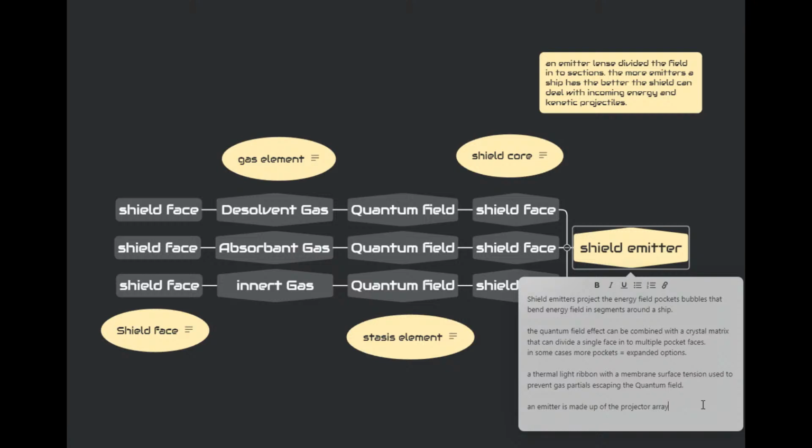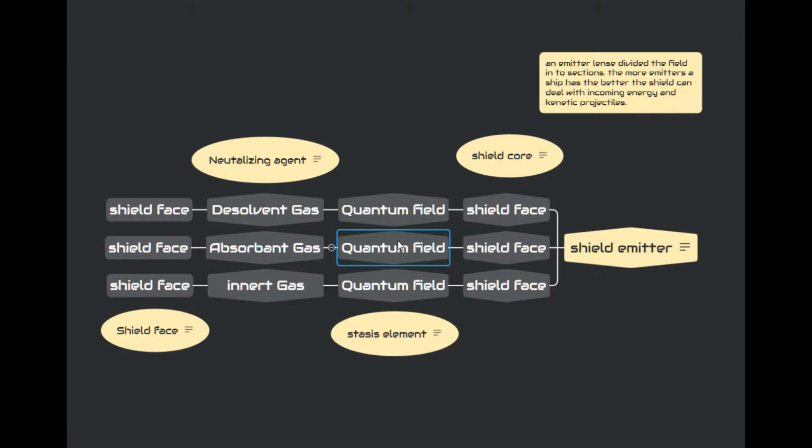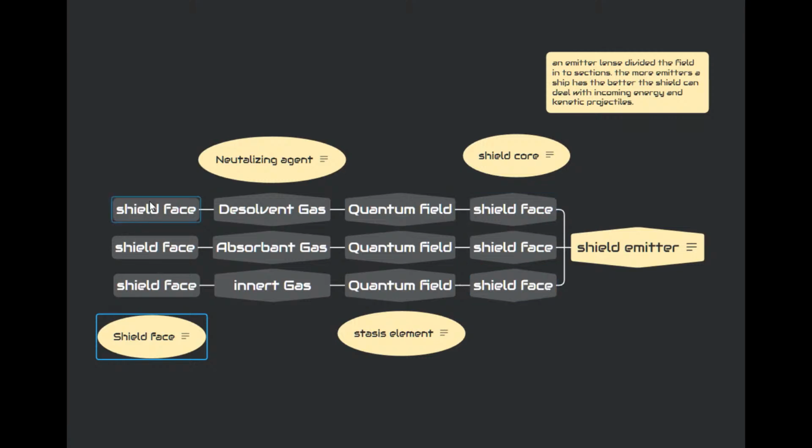Projector array. A neutralizing agent. Okay, so we use the term neutralizing agent for the stasis element. Again, we can use quantum field for this, inert gas for this, and shield face. How many faces a shield has is purely down to the shape.